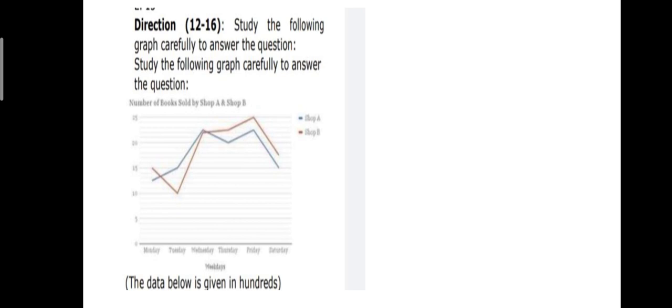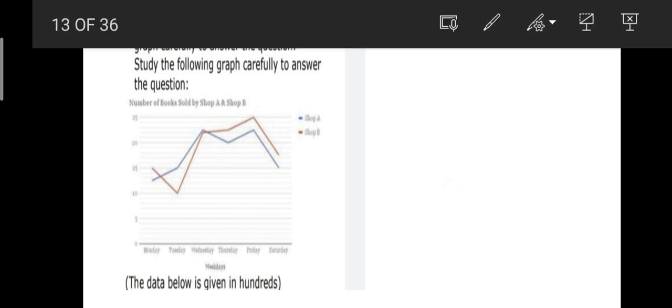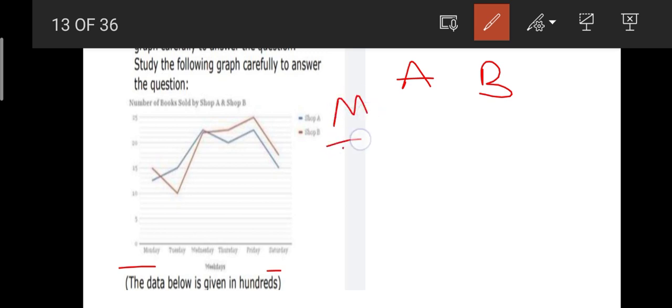If they have given graph like this, then you should be taking in table form, so that it will be very easy for you to calculate. Okay, now they have given shop A and then shop B, and the days they have given is Monday, Tuesday, Wednesday, Thursday, Friday and then Saturday.